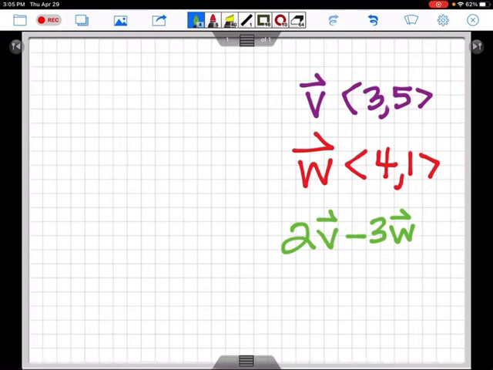Well, I need to start with the 2v. So 2v says, okay, start here and go 1, 2, 3, 1, 2, 3, 4, 5, but then I got to do it again. 1, 2, 3, 1, 2, 3, 4, 5. Oh, I'm getting too close to the edge. Let's start that in a different place. Sorry, guys.